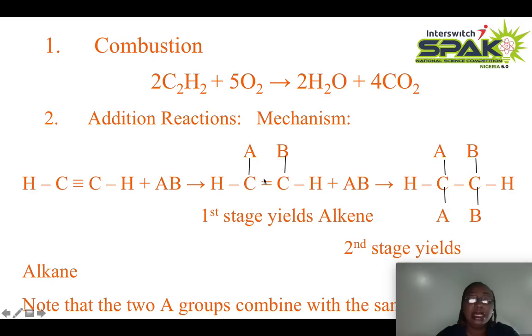You can see it has lost one of the bonds, and the bond splits into two. AB splits into two, so A comes to the first carbon, and B comes to the second carbon. Further reaction, you can see that all the multiple bonds have disappeared. So the unsaturated compound becomes saturated.